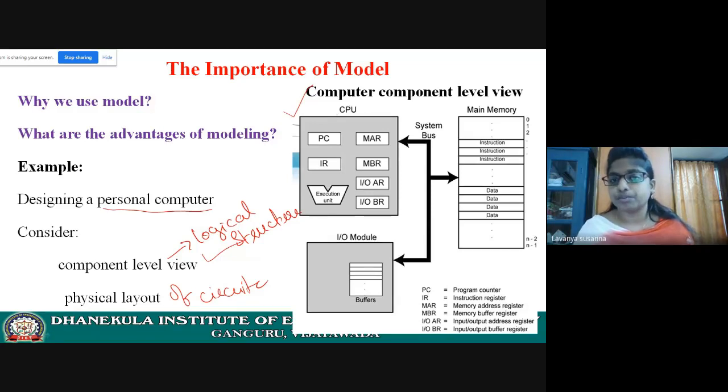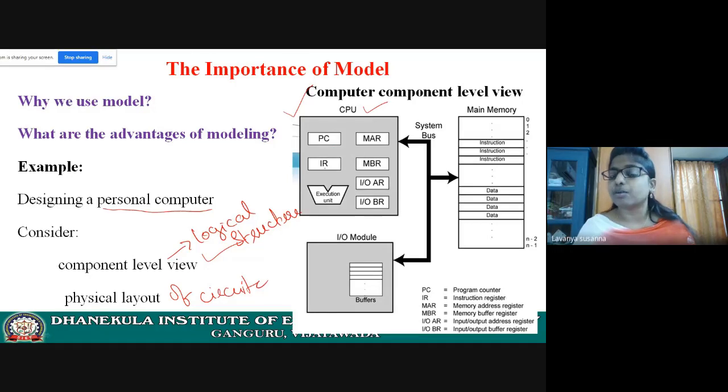This is the CPU. This is a component. You know that the CPU is again decomposed into several subcomponents. What are those subcomponents in the CPU? You can see the ALU, the control unit, and all the registers.